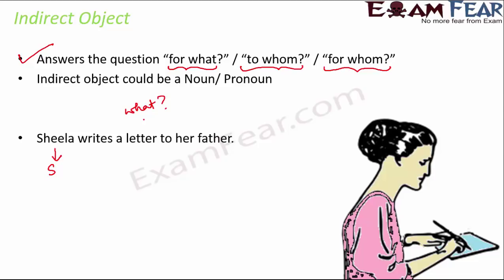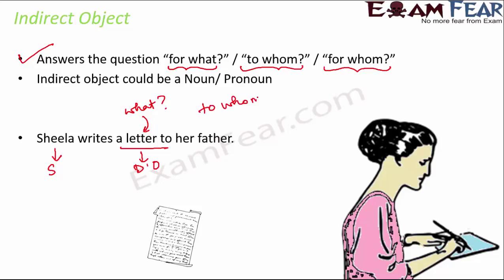And the answer would be a letter. That means letter is the direct object in this case, right? Now let us ask the question for the indirect object: Sheila writes a letter for whom or to whom? And the answer would be to her father. So to her father is an indirect object.